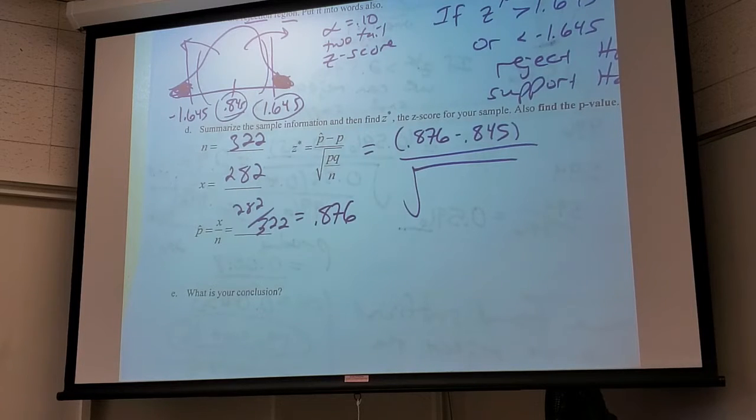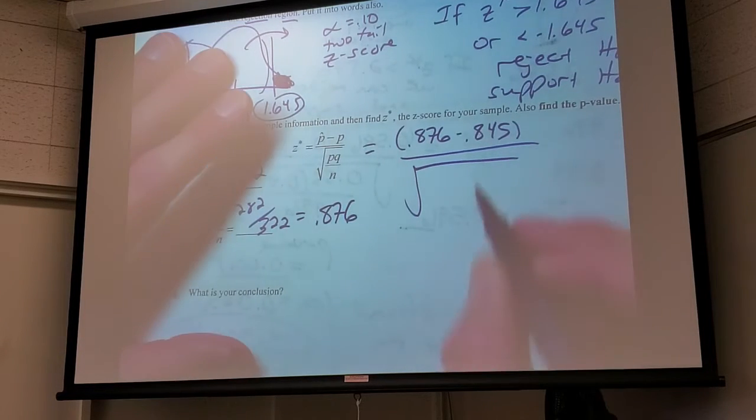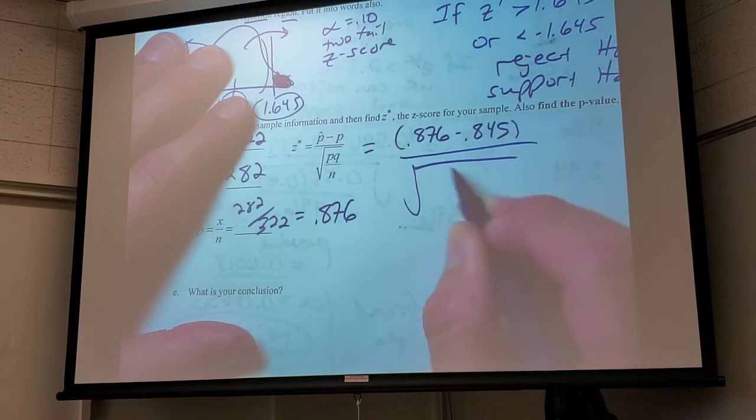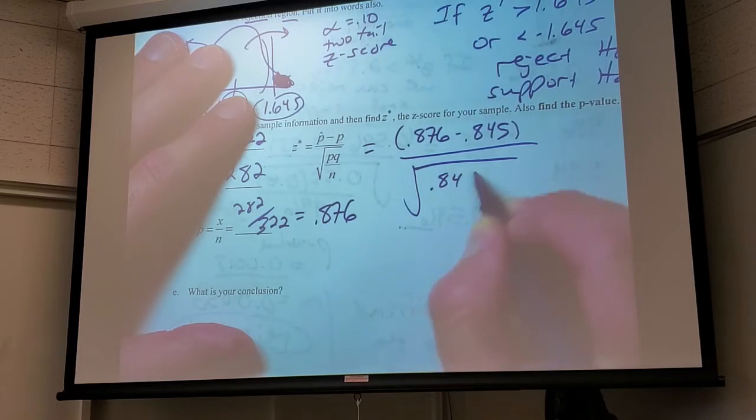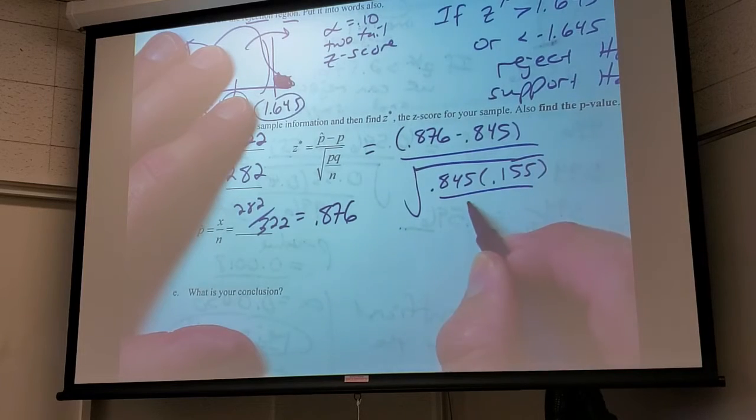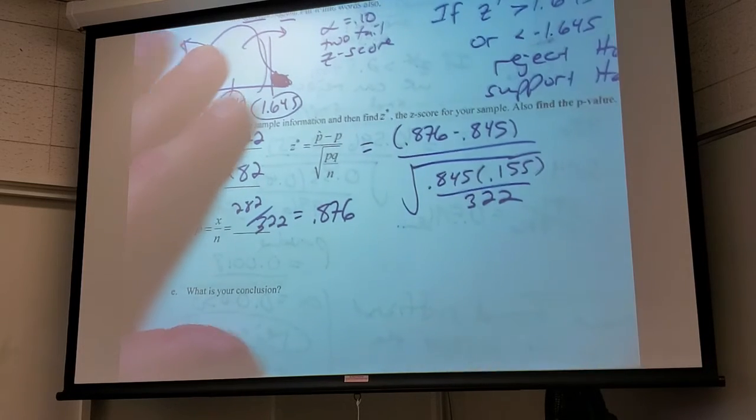What goes inside the square root? 0.845 times 0.155 divided by 322.